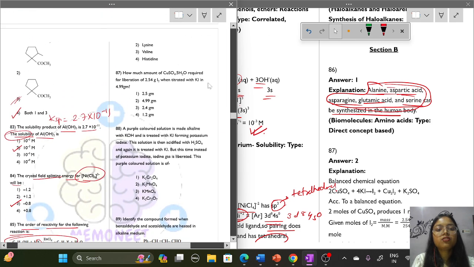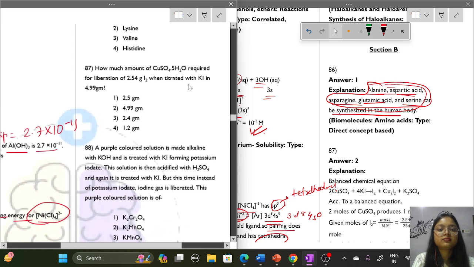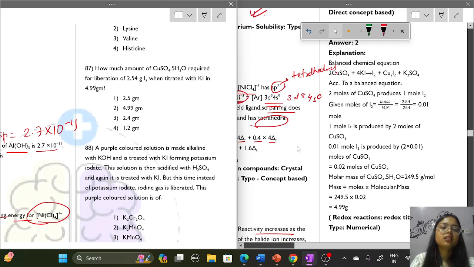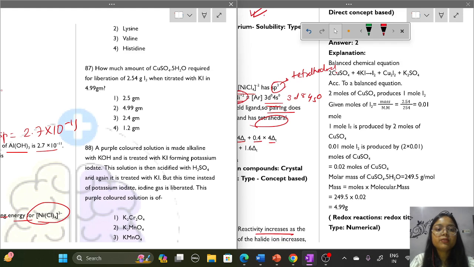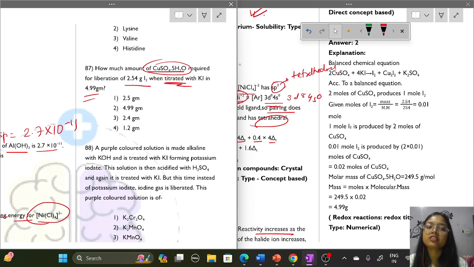Now question number 87. Question number 87 says: how much amount of CuSO4.5H2O is required for liberation of 2.54 gram I2 when titrated with KI? We have to write the balanced equation for this.